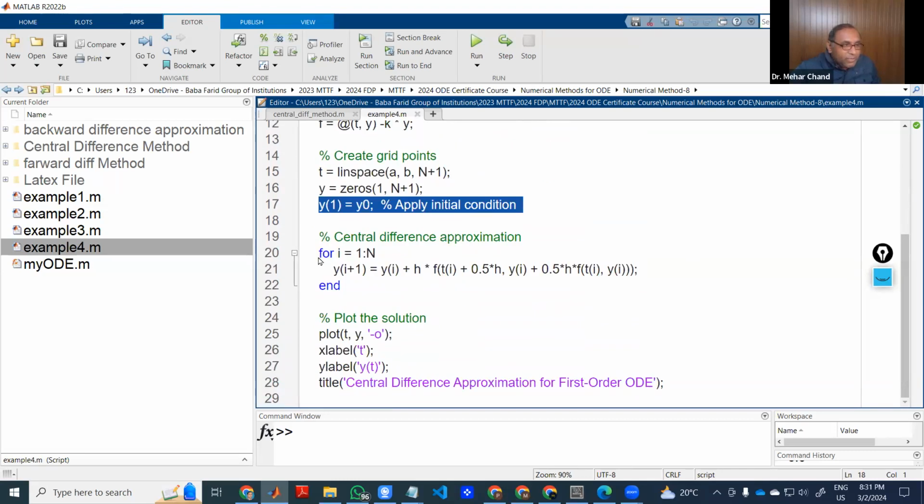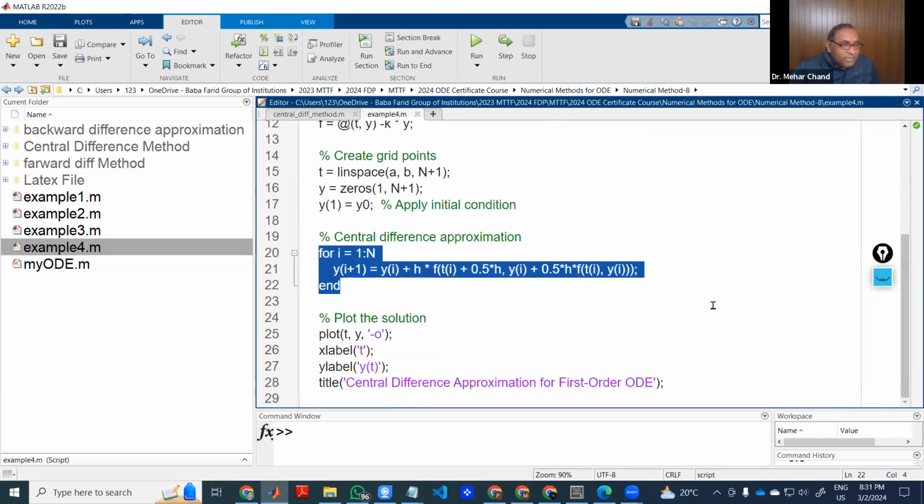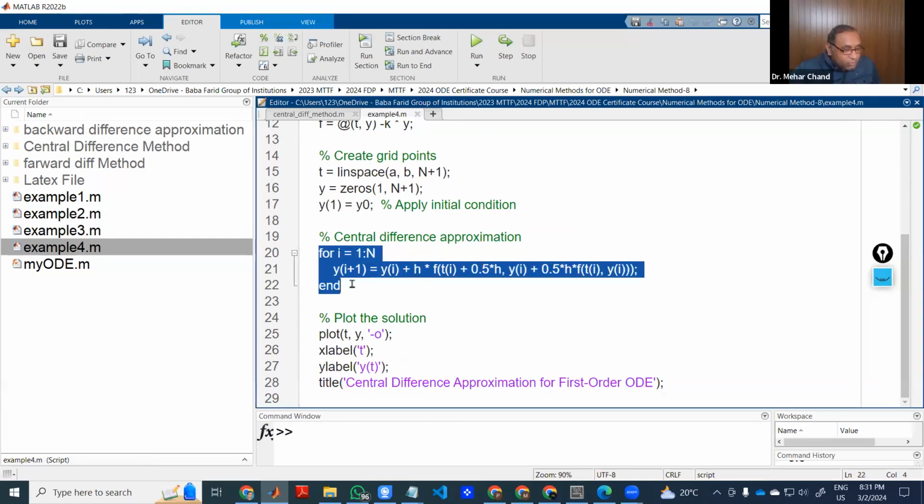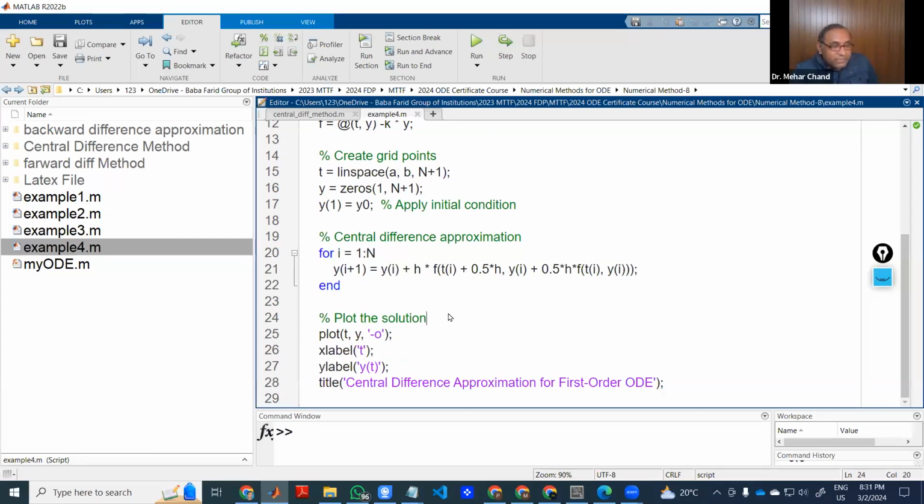So we only need to convert the central difference into a format which can be easily used. There are several ways to convert the central difference approximation. That's why I chose this example, so that we can easily convert the expression in this way to implement the central difference approximation.